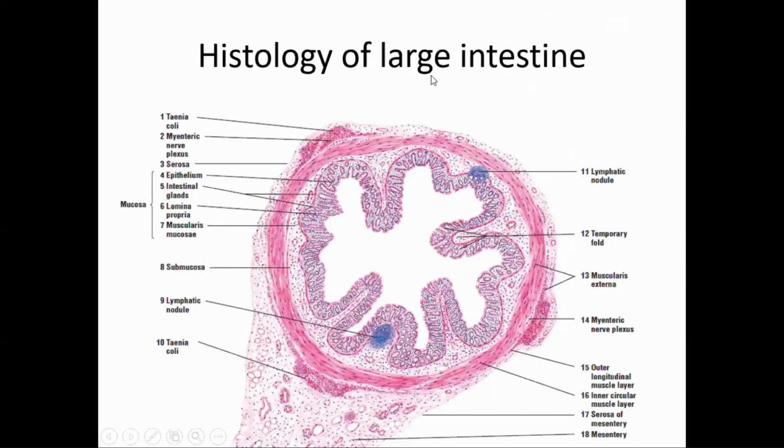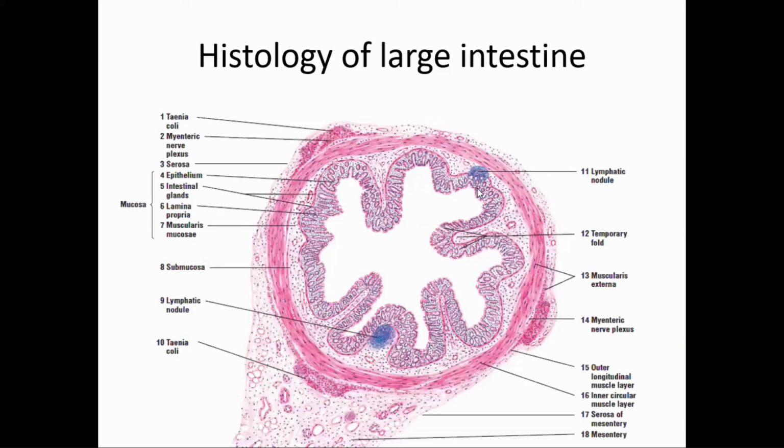So, histology of the large intestine. It also consists of 4 layers like the other parts of the GIT, from inside outward: the mucosa, submucosa, muscularis externa, and the serosa. In the small intestine there are villi, but the mucosa of the large intestine is smooth.